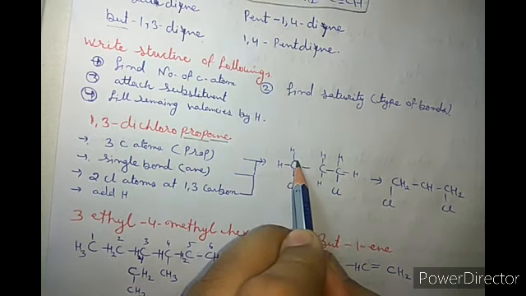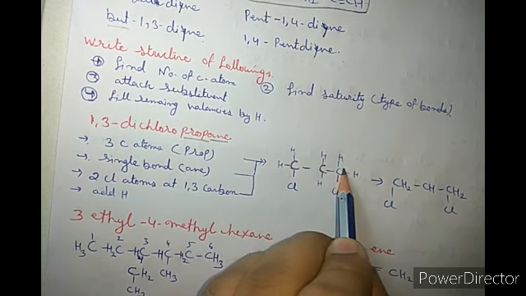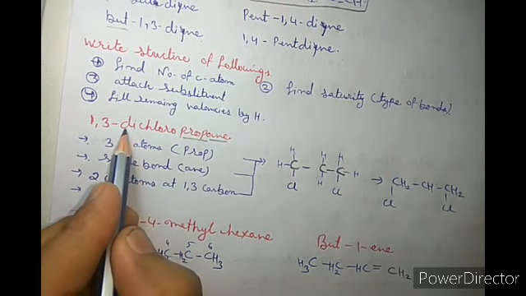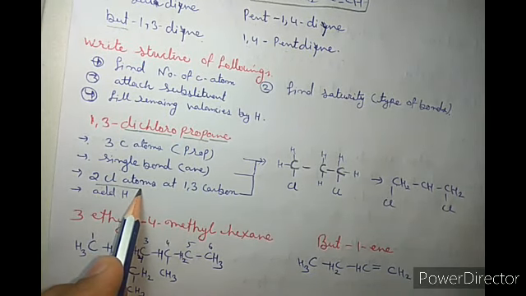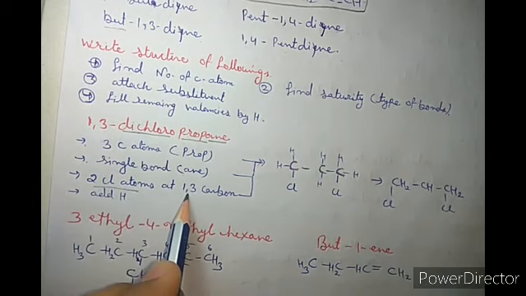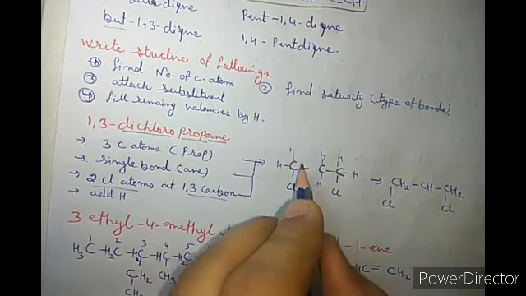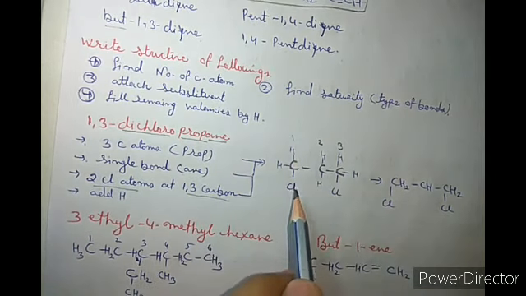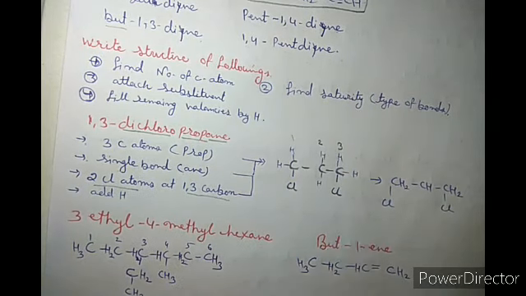So we can write carbon, single bond, carbon, single bond, carbon. Now substituents. Dichloro, that means 2 chlorine. 1,3 means on the first and third carbon. So suppose that is first, that is second, and that is third. So I put chlorine and chlorine on first and third.